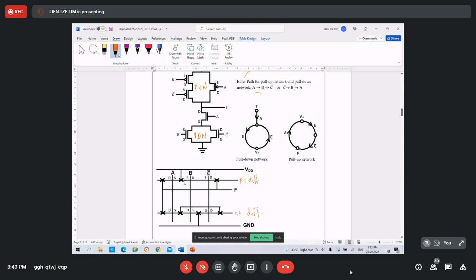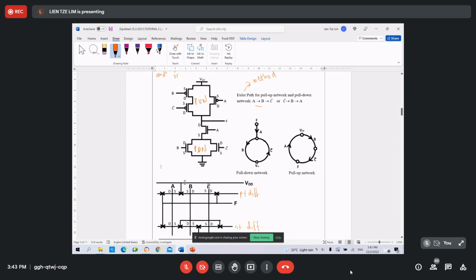Since we all know that the source terminals of the PMOS are connected to the VDD, we can put connections here, A and B. If I follow my stick diagram here, according to the schematic, the source terminals of these transistors are connected to the VDD. So we can put connections here that connect the source terminals of the two transistors to the VDD.